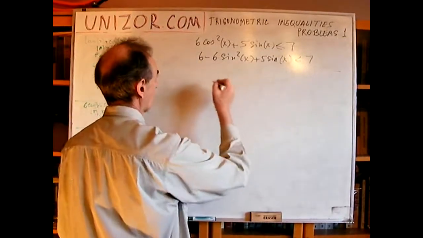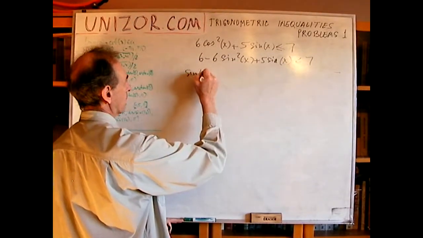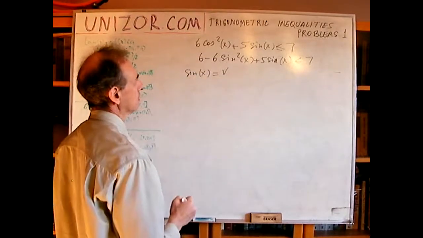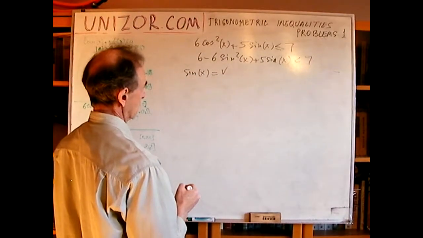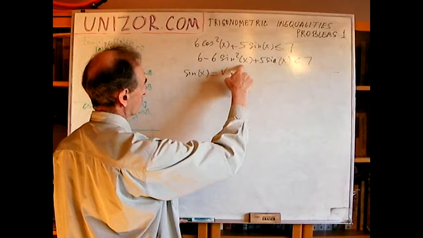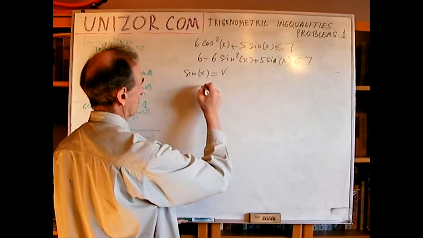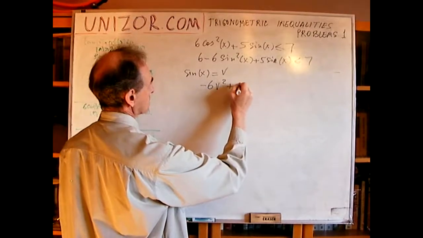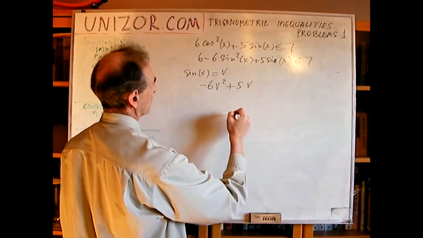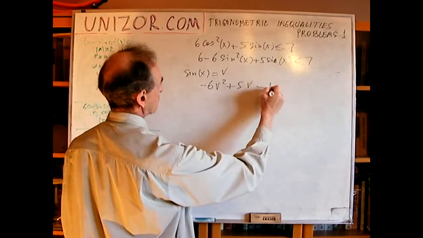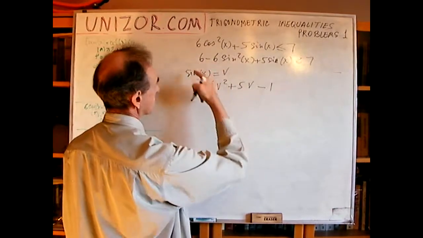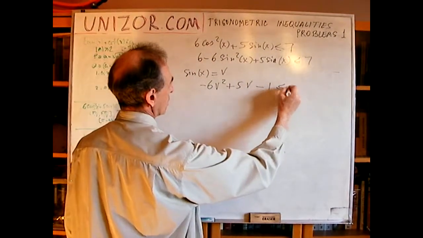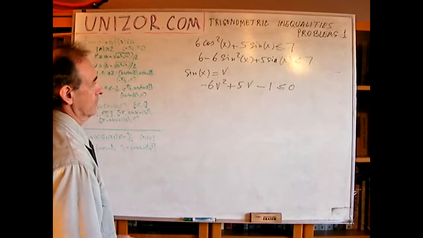We will call sine of x v, and what I will have is minus 6 v squared plus 5v minus 1, because this is 7, this is 6, less than or equal to 0.